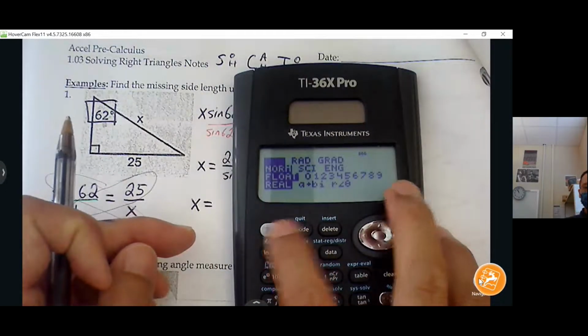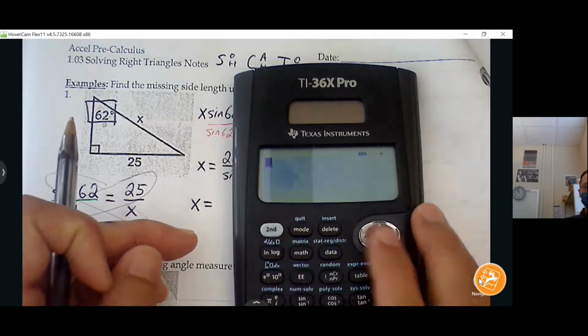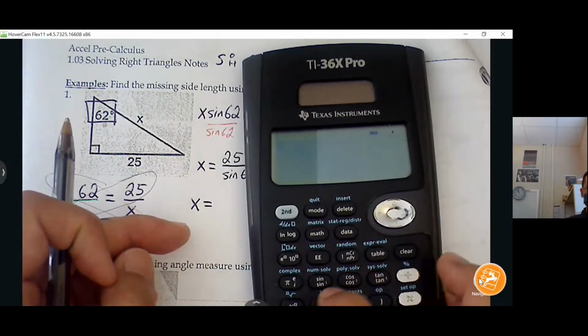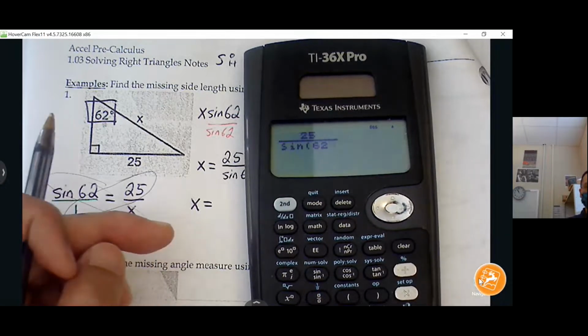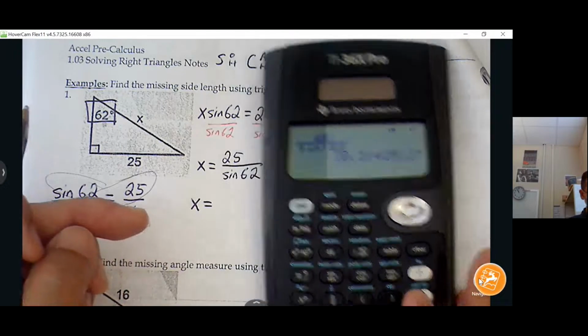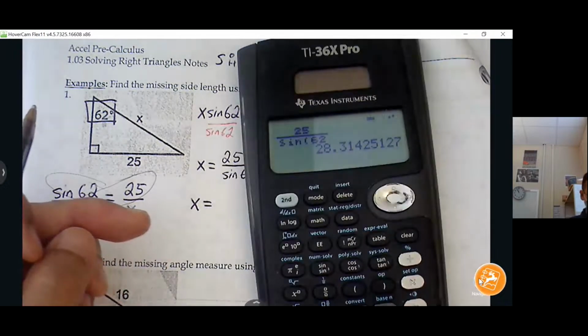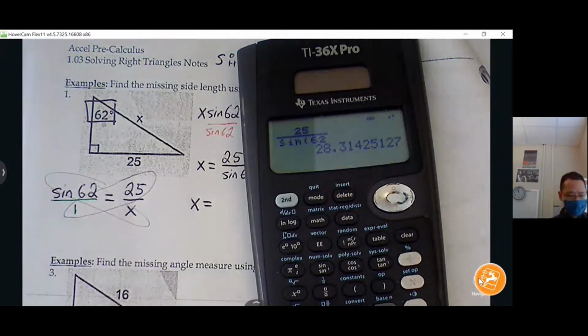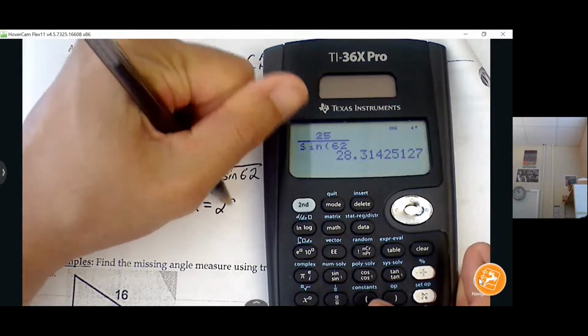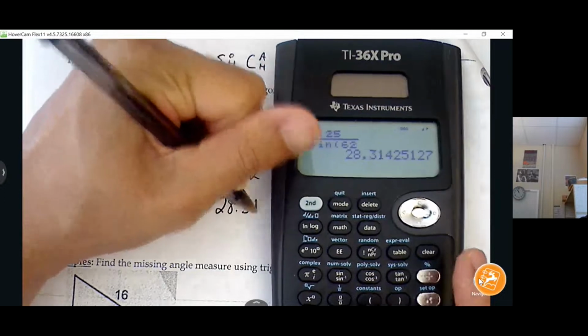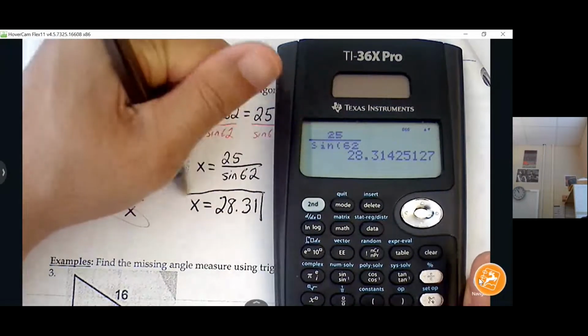Go back to your home screen. You can do second mode, which will go back to your home screen. And we're just going to round to 2 decimal places. I'll specify on the quiz or test how many decimal places to round to.